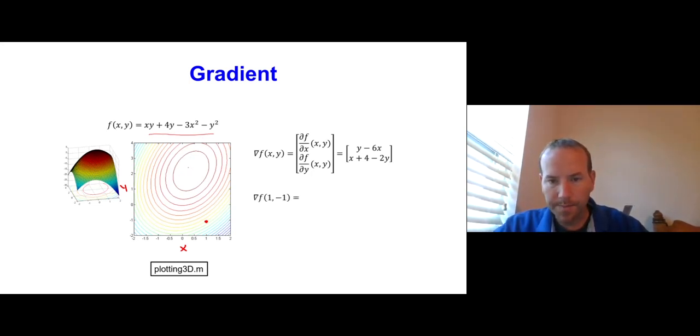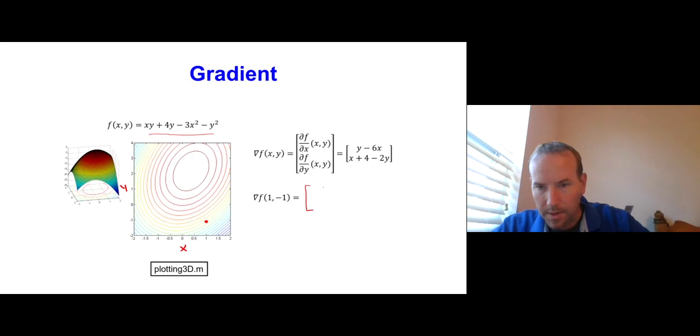If we then want to evaluate the gradient at a specific location, we can plug in the various values. In this case, it'd be -1 because we have a negative y, minus 6(1), and this is 1 plus 4 minus 2(-1), equals minus 7 and 7.